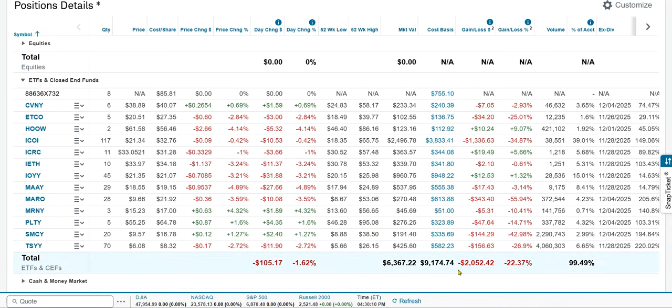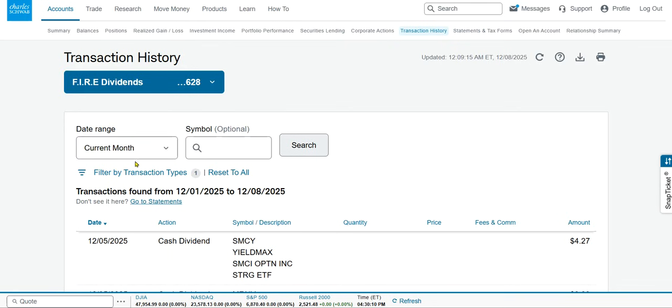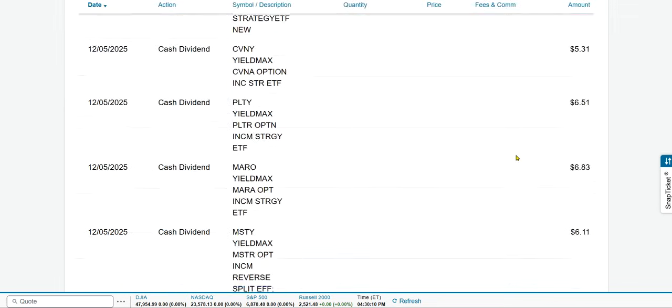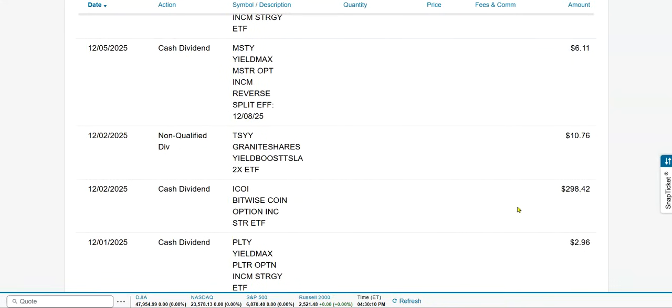We're down just a little bit over 2,000. So we gained some of that back. I think we were down as much as 2,700. For this month in our cash account, mainly most of it's probably due to ICOI, we got $298.42. That was on December the 2nd.